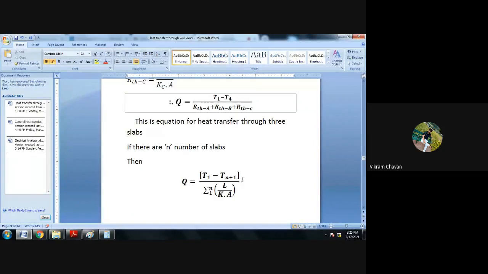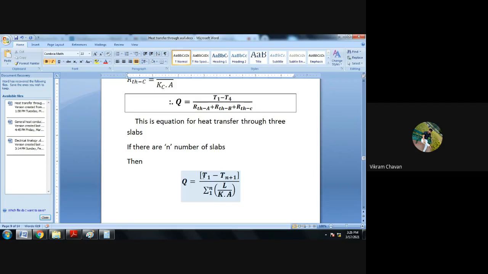In case of 2 slabs, we will get 3 temperatures. In case of 4 slabs, we will get 5 temperatures. In case of 3 slabs, we will get 4 temperatures. So we have to take the first temperature minus the final temperature to find the total heat transfer through the complete composite slab or composite wall.